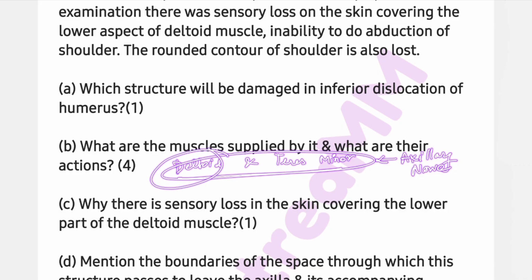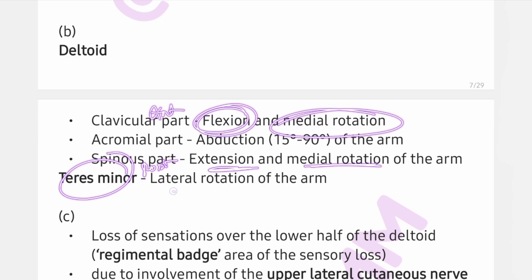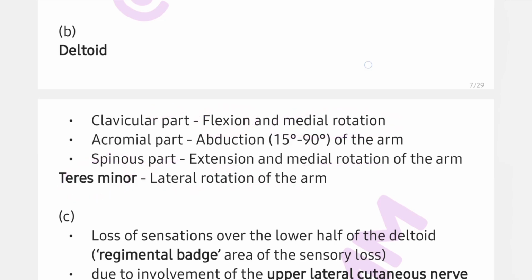Deltoid can be divided into upper anterior fibers, middle fibers and posterior fibers. I said middle fibers is for abduction. Then anterior fibers do the flexion part and medial rotation. The posterior fibers do the extension part and lateral rotation. Teres minor is for the lateral rotation of arm.